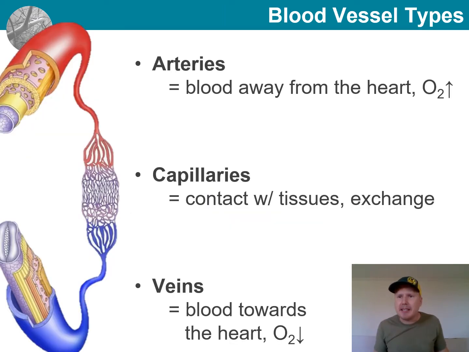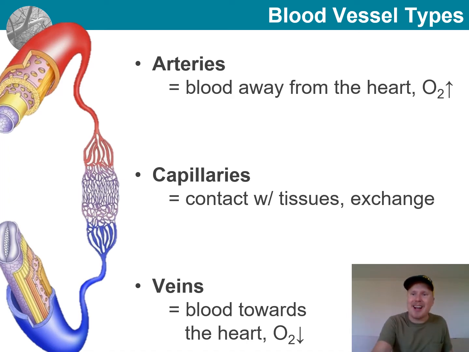The next thing that I would like to do is to return to this slide that we saw earlier, and I would like us to discuss it in a little greater detail of each of these types of blood vessels. And we will even include some subtypes of these.